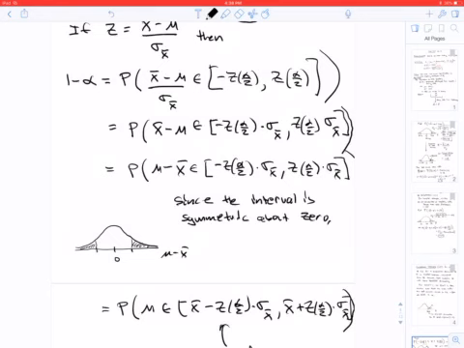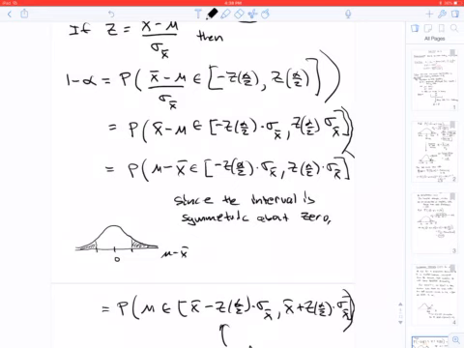If you multiply this distribution by minus 1, it'll just reflect around the center 0, and because mu minus x bar or x bar minus mu is symmetric around 0, the area in the tails, or actually, I'm sorry, the area between the tails is the same.